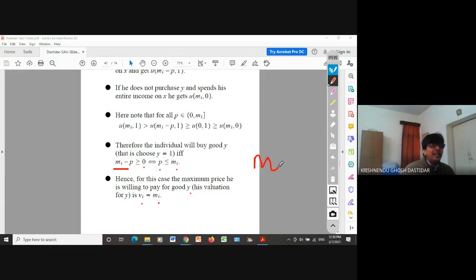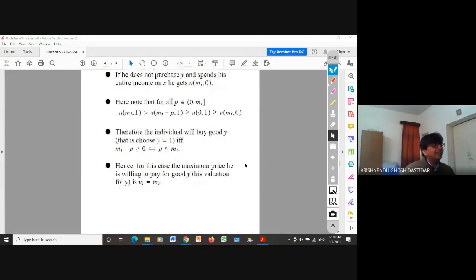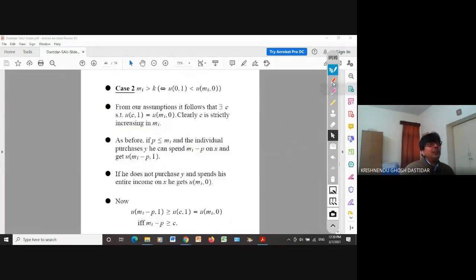So when income is less than or equal to K, the maximum price that the individual would be willing to pay for the indivisible object is equal to his income. That's what I have figured out logically from here. Now, what about when income is more than K? In that case, we know from before this inequality holds true.